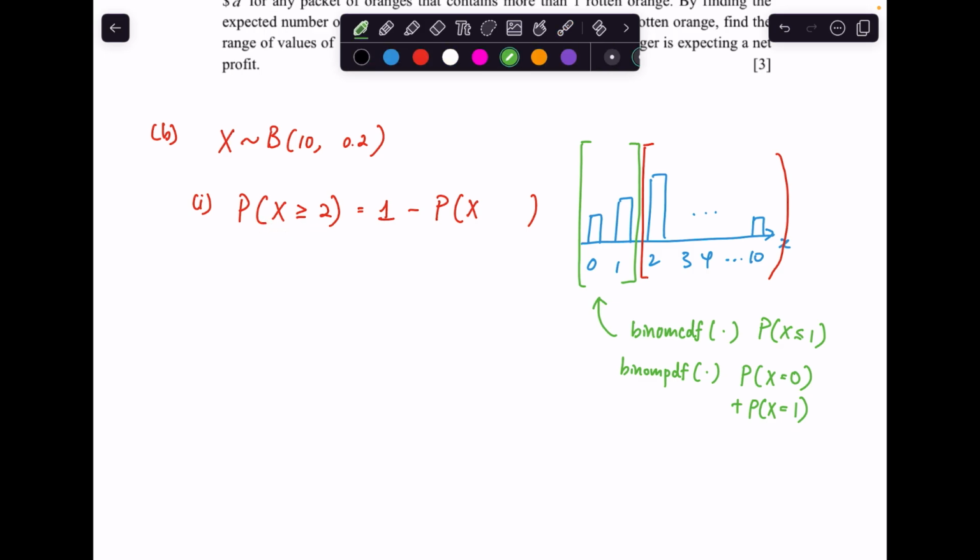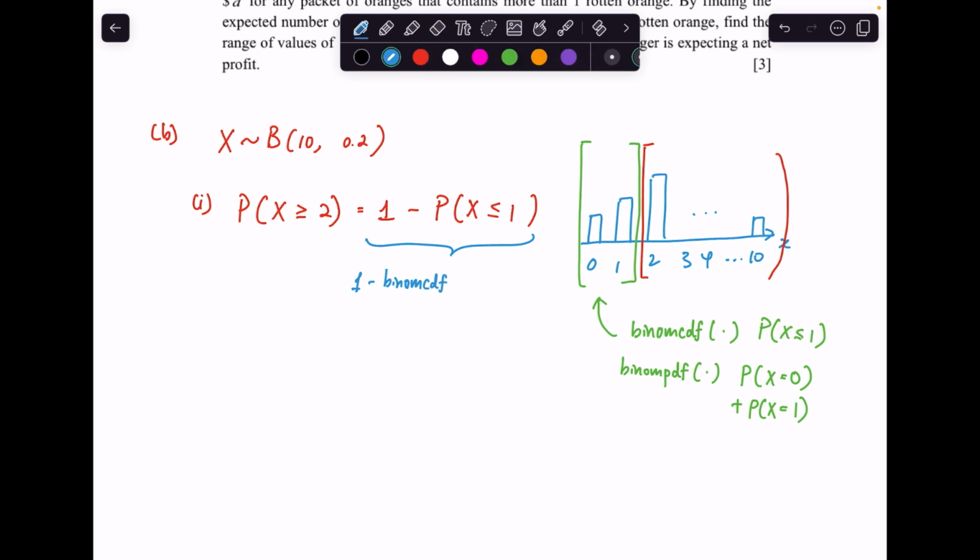So this will be 1 minus the probability of X up to 1. Now, what do you type in your calculator? What you should type is 1 minus binomial CDF, accumulating up to 1.